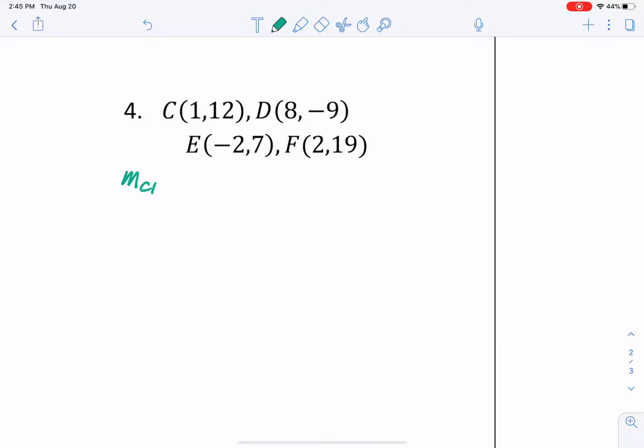The slope of CD is, using x1, y1, x2, y2: negative 9 minus 12 over 8 minus 1. That's negative 21 over 7, which is negative 3.